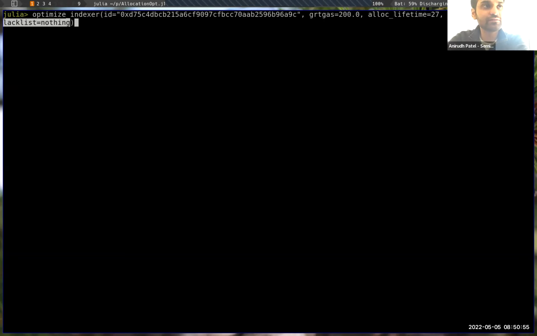So there is a way, using the optimize indexer tool, that you can tune how the tool operates as per your preferences. Of course, once you do that, you're no longer optimal, right? Optimal is optimal independent of your preferences.